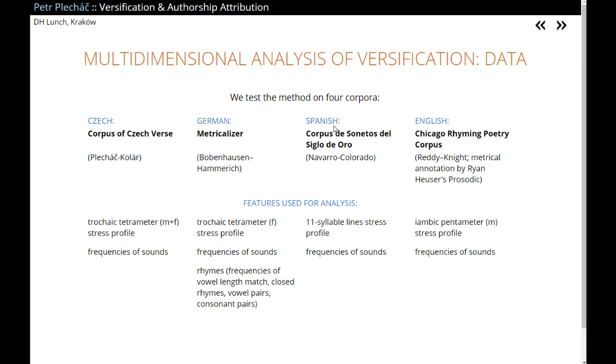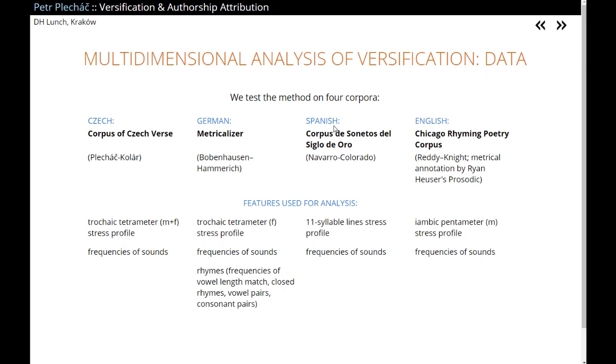So, what features were used for the analysis? I use different. Of course, this poetry differs in formal aspects, so that's the first reason why we can't use the very same set of features. In Czech, we were dealing with the trochaic tetrameter, with the trochaic lines, both masculine and feminine, and something that in versification studies we call stress profile, which is a very simple data.